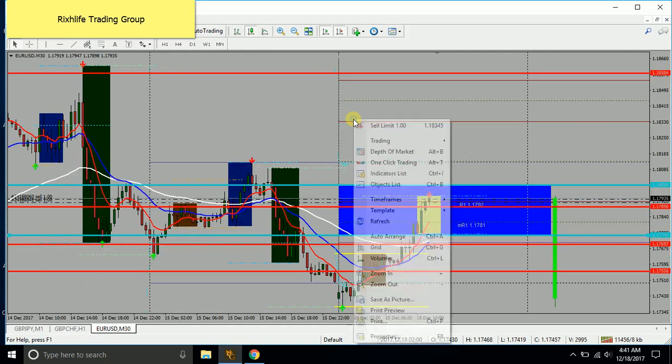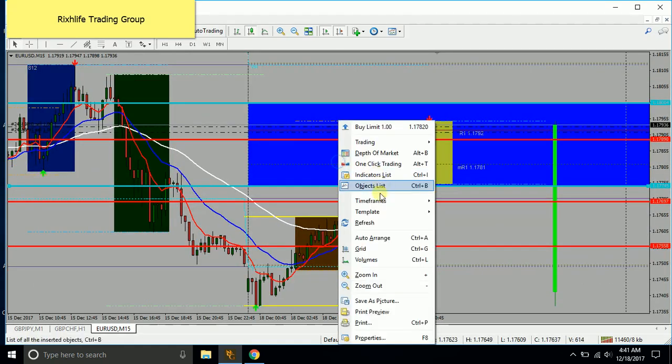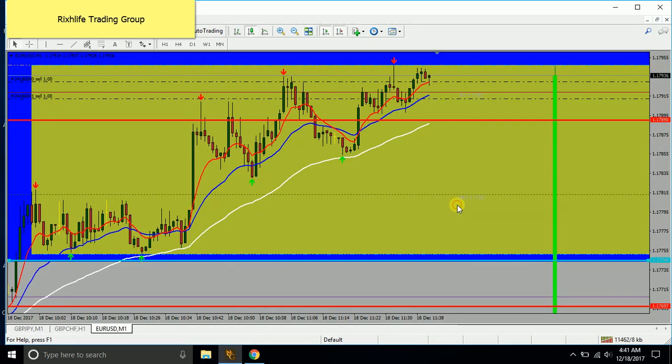But if you haven't done your work on your higher time frames, don't even attempt to come any lower than the hour.